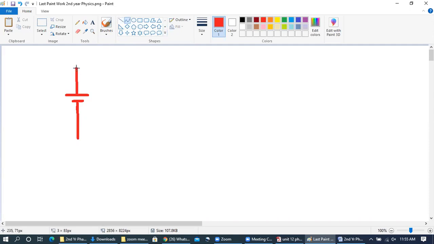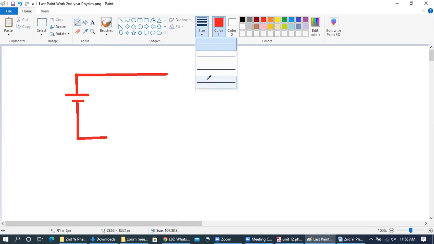Let us consider that we are going to make a complete circuit with different loops. Here is the resistance, and so on.